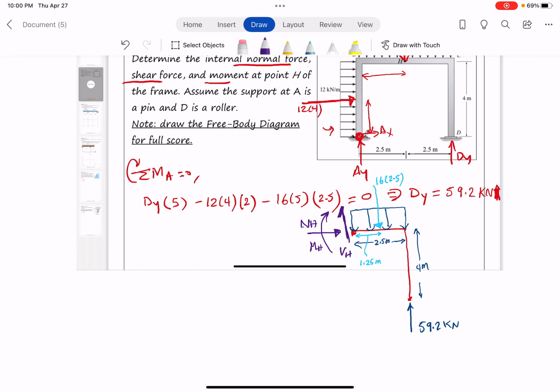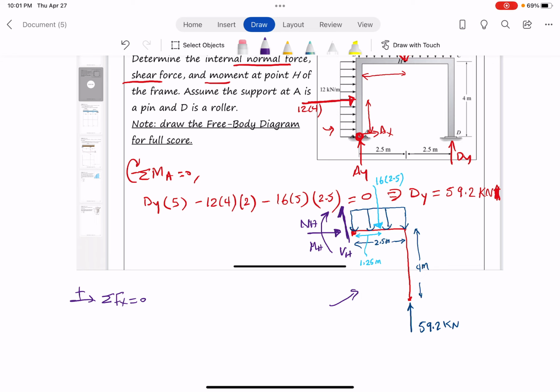We are looking only from the right. If you want to look from the left, you could, that's up to you. I'll do summation of forces in x equal to 0, looking only at this half of the frame from the right.